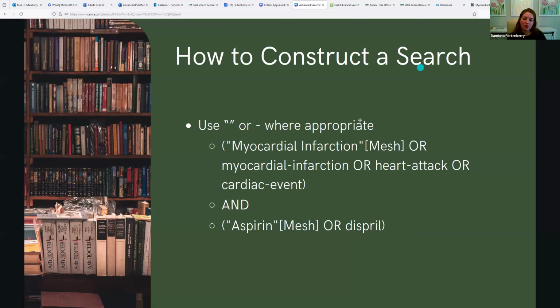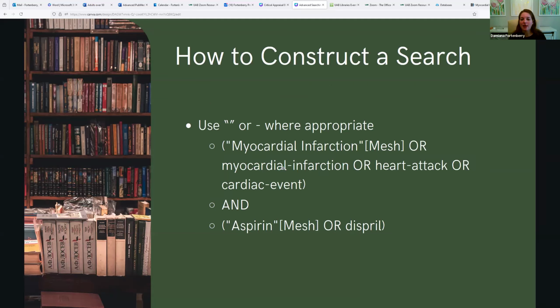Okay, so there's still more even yet to do. And this is also really, really important because when you have a quotation mark around a phrase or a dash, you're telling PubMed that you want these two words to be considered together. If you do not have the quotations around myocardial infarction, or myocardial dash infarction, PubMed will read that phrase as two totally different things.